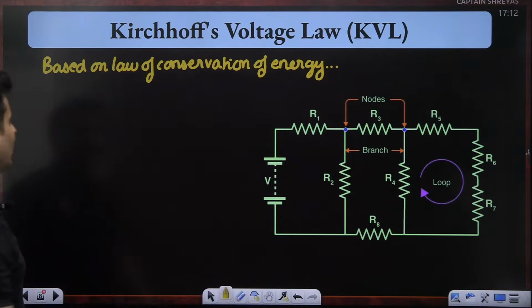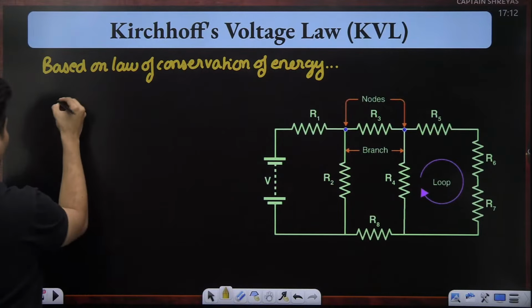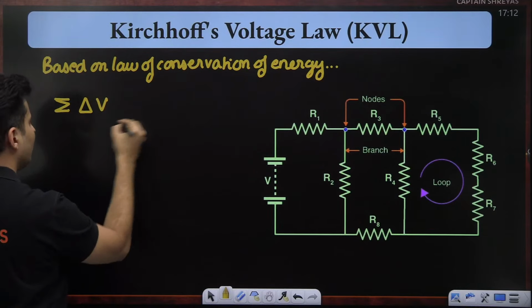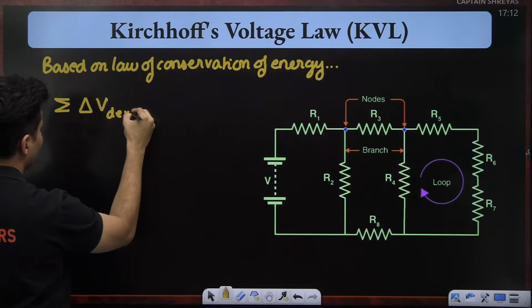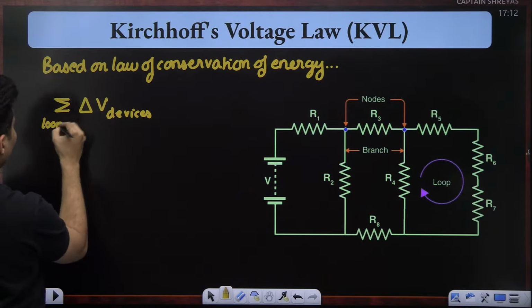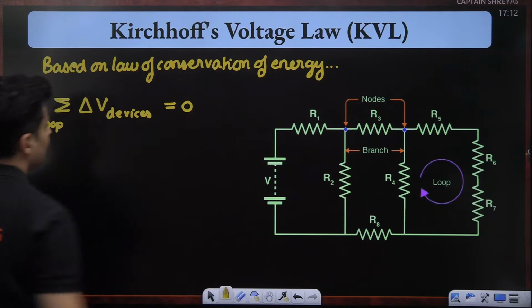Keep that in mind. And I can then say that the net voltage drop across the different devices you encounter across a complete loop should be zero.